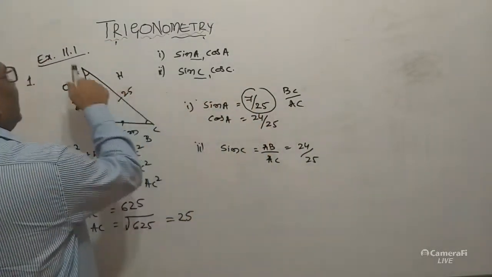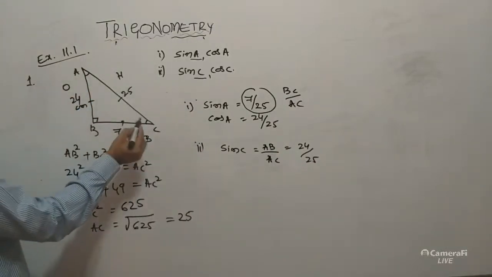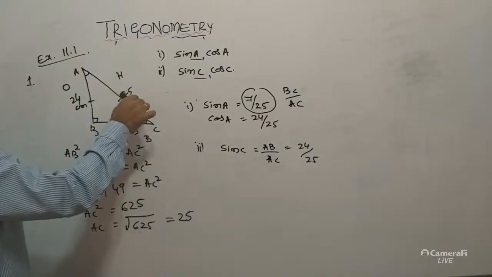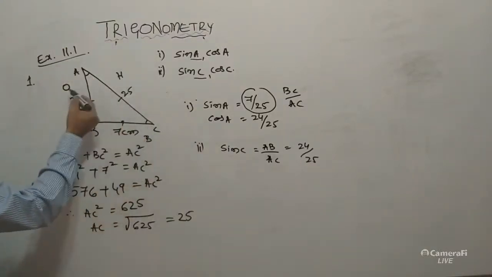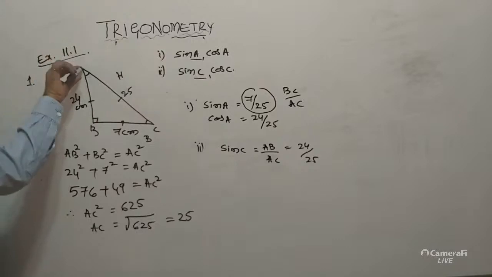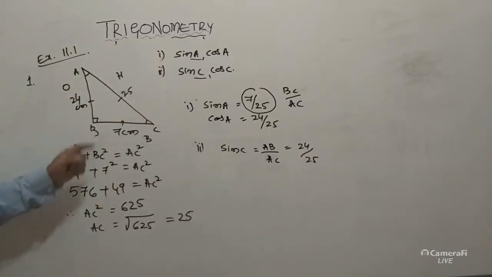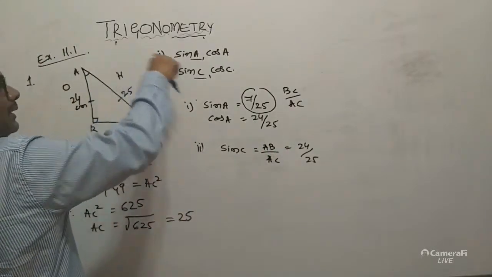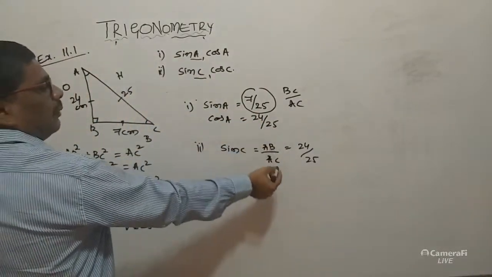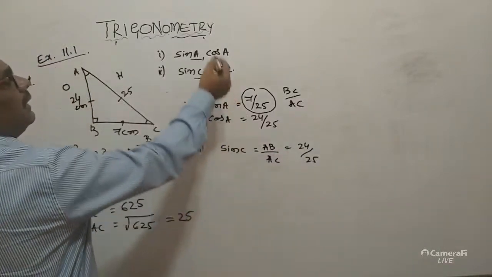This is most important: which angle you are going to consider, whether angle C or angle A. If this is the base angle, its opposite is AB. If this is the base angle, its opposite is BC. So similarly, sin C can be calculated by opposite by hypotenuse, that is sin theta, which is 24 by 25.